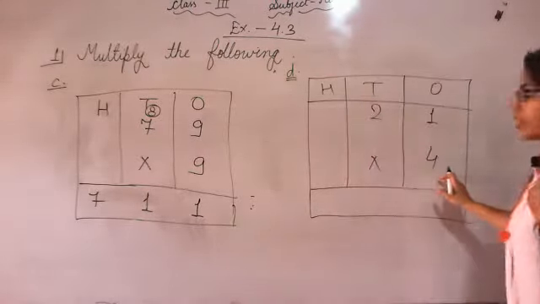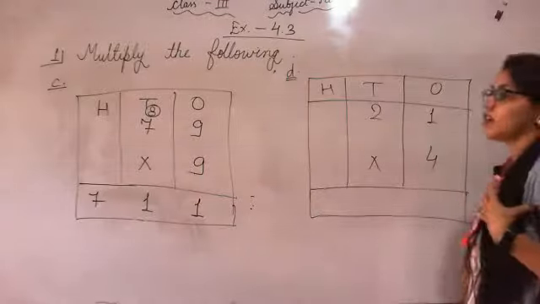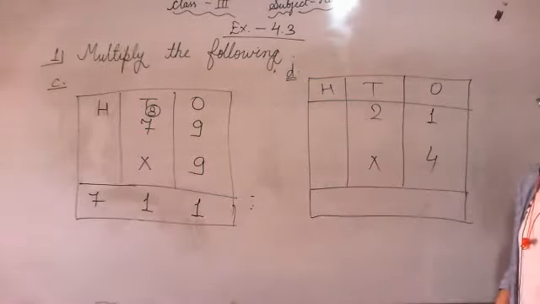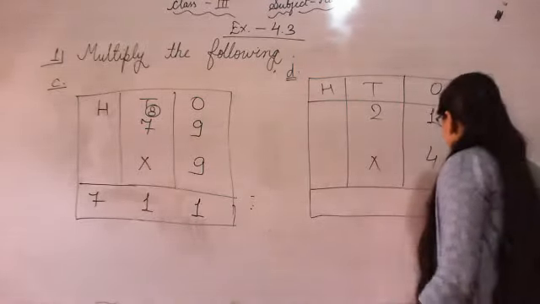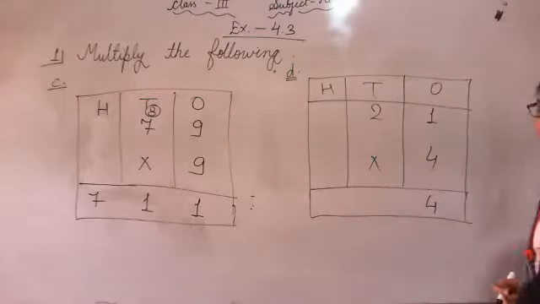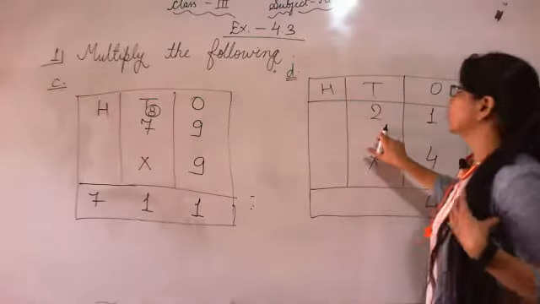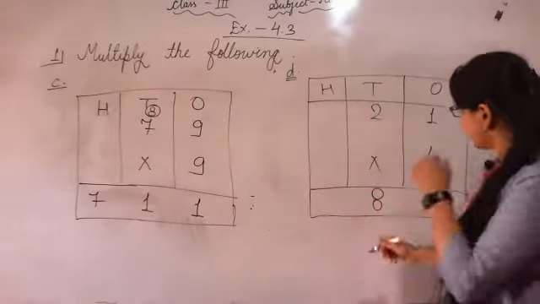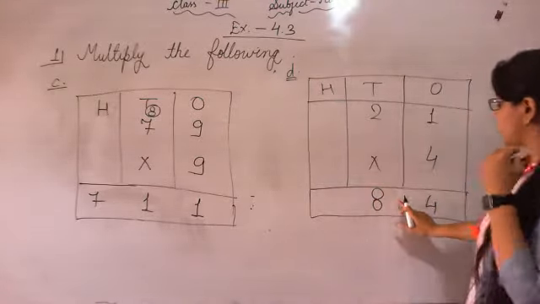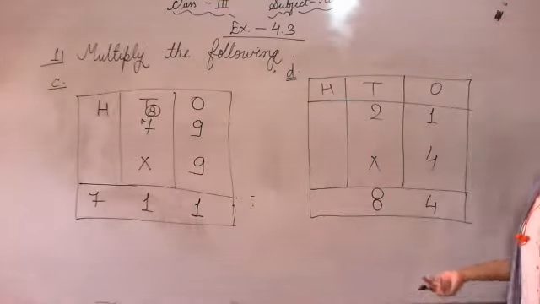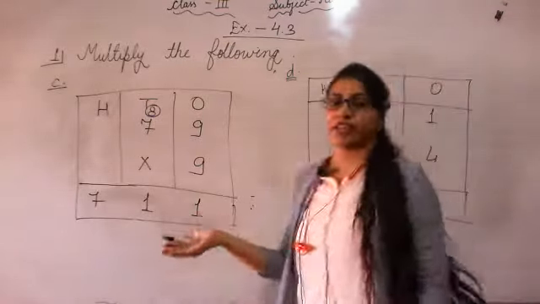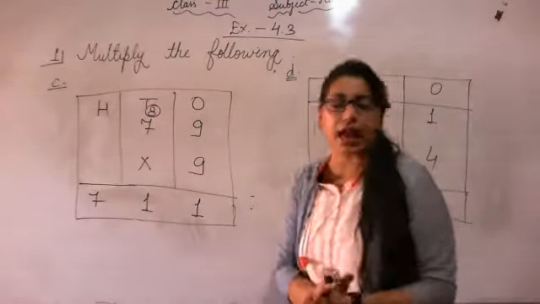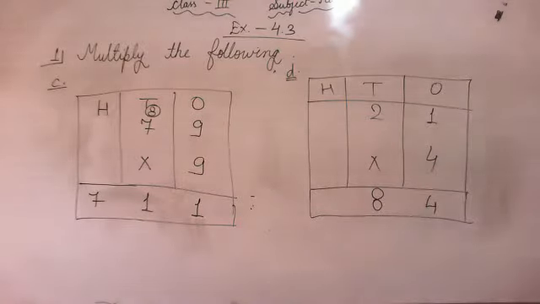So once again, starting from the ones place, 4 into 1, 4 ones are 4. So we will write 4. Now 4 twos are 4 into 2, 4 twos are 8. So we will write 8. So 21 into 4 is equal to 84. So note down both the questions very properly in the classwork copy, dear students.